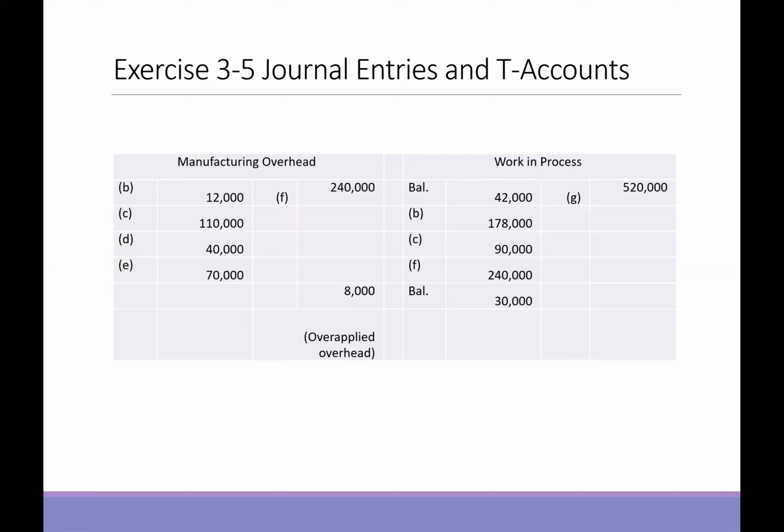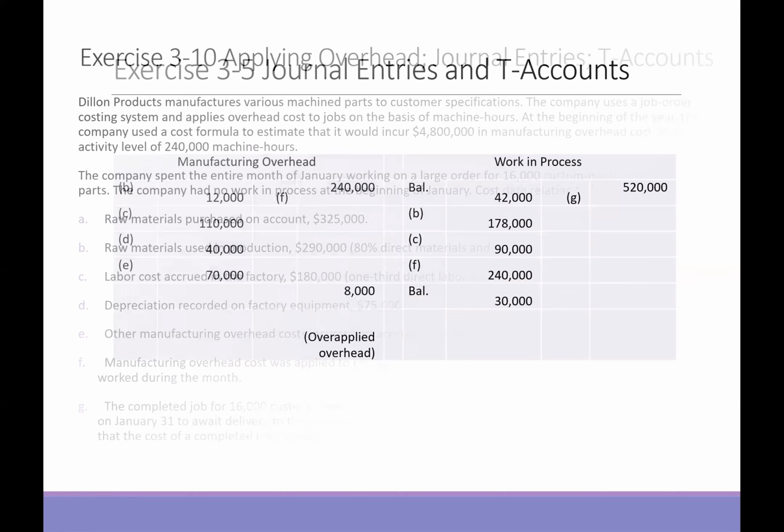We have a debit ending balance of work in process, just because there are goods still sitting there. These are goods that have been completed during the month. Some goods are still being worked on. 520,000 were completed and transferred into finished goods.